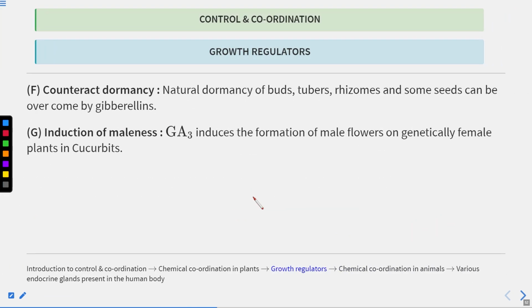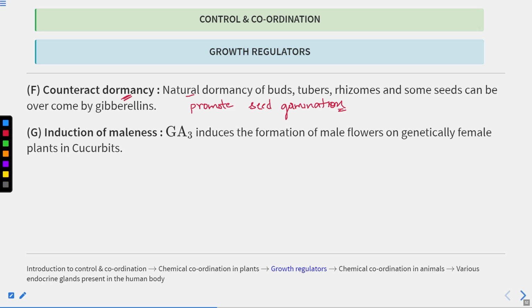Now, the next role is to counteract dormancy. We have already talked about how gibberellins promote seed germination. How do they promote seed germination? By inhibiting seed dormancy.